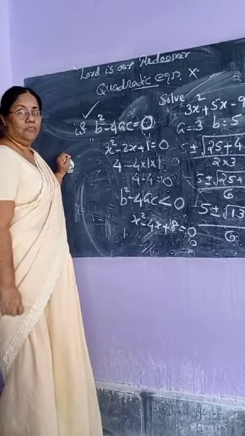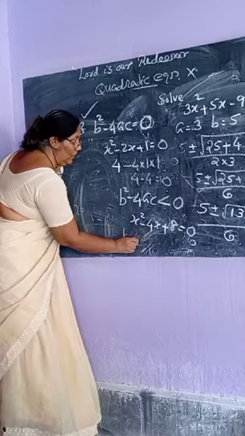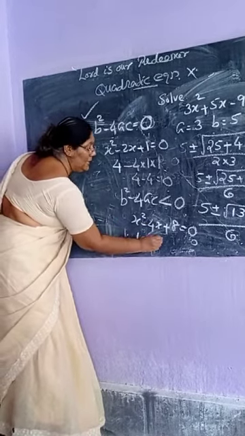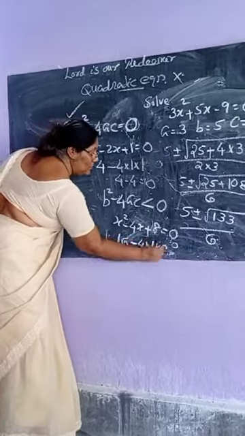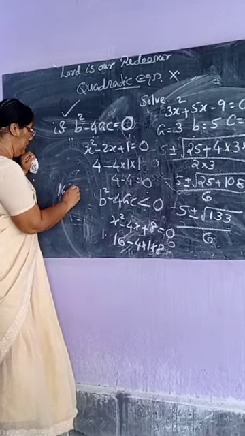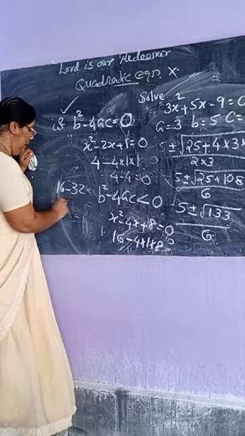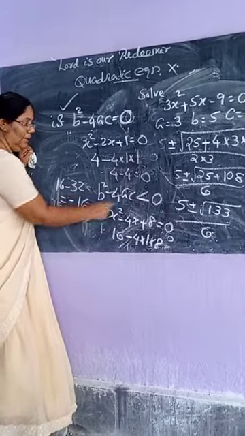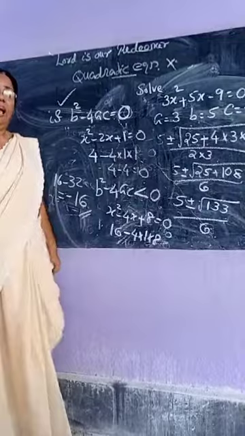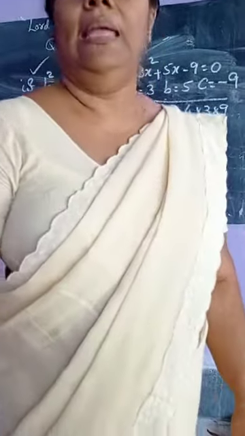What is b square minus 4ac? b square means 16, minus 4 into 1 into 8. 16 minus, 8 fours are 32, isn't it? What is 16 minus 32? The answer is minus 16. If the answer is less than 0, means the answer is negative. If the answer is negative, then we can say that the roots are imaginary.